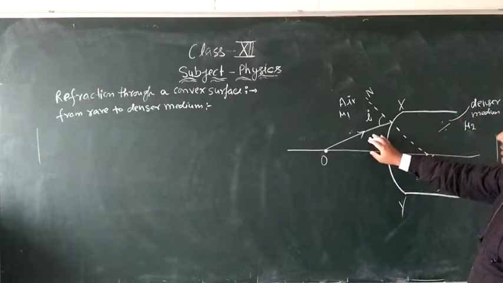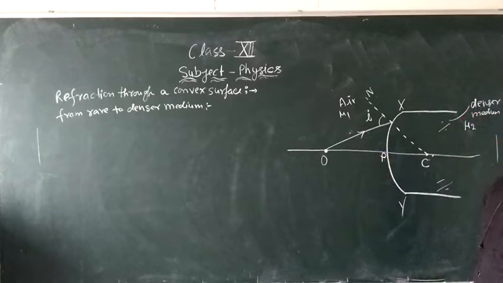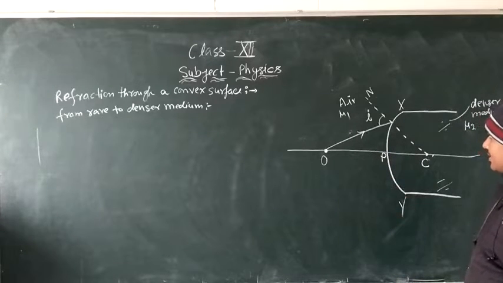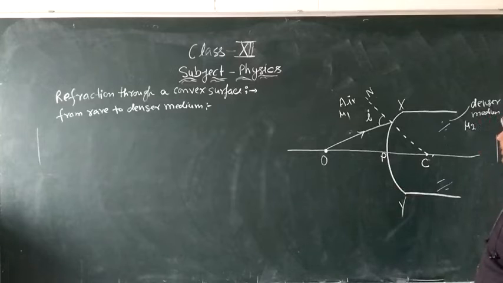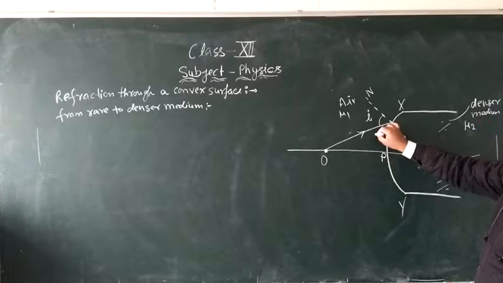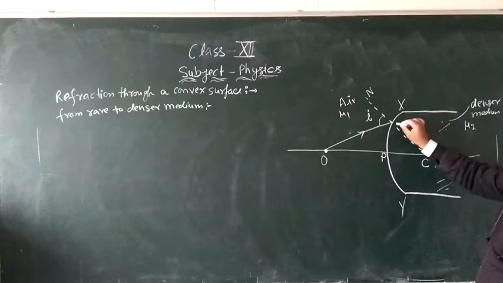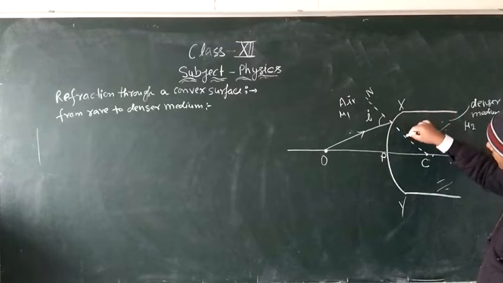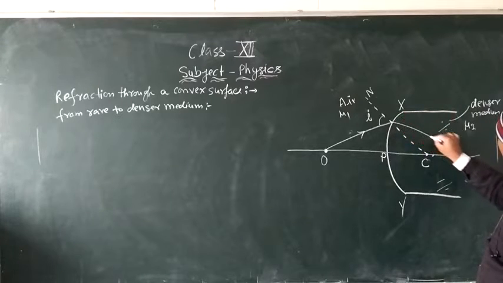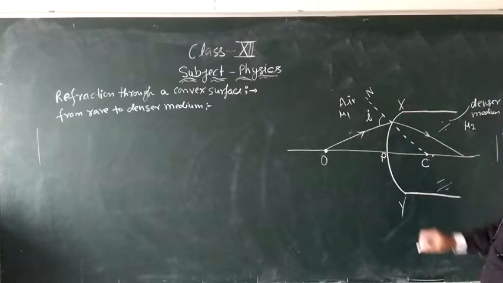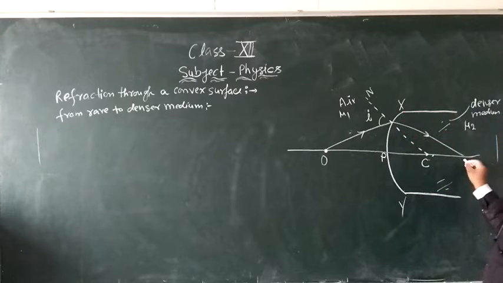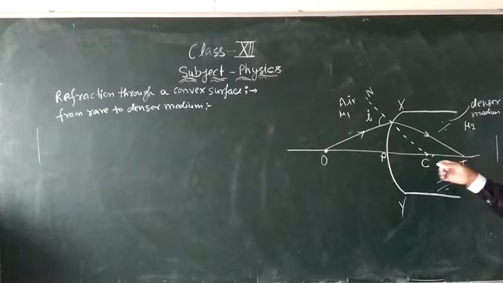If light moves from rarer to denser medium, it always bends toward the normal. After refraction it meets a point on the principal axis, and this point is known as the point image of the point object.